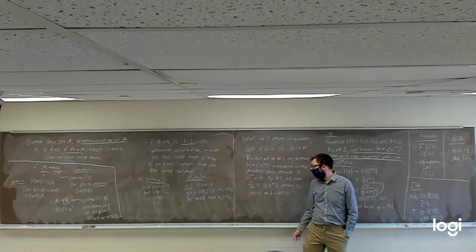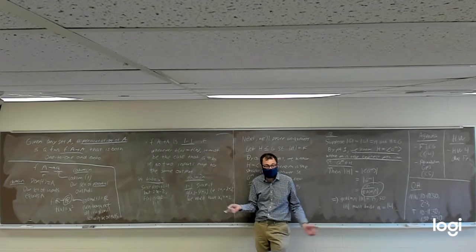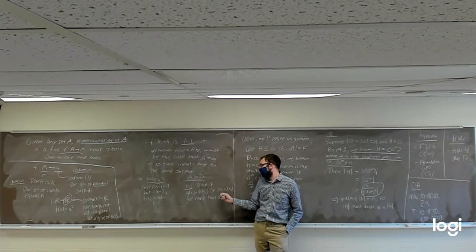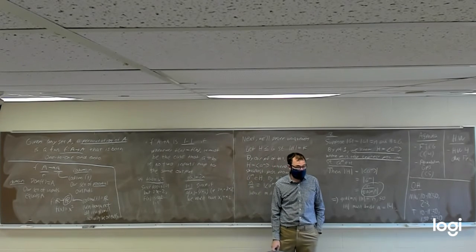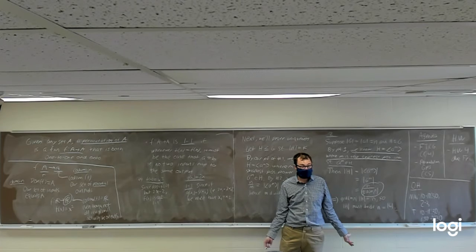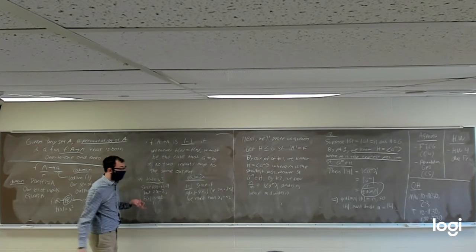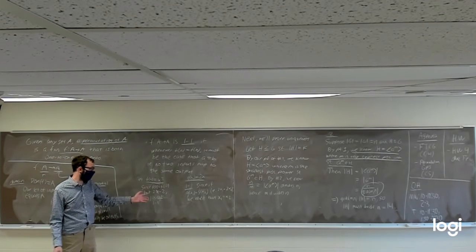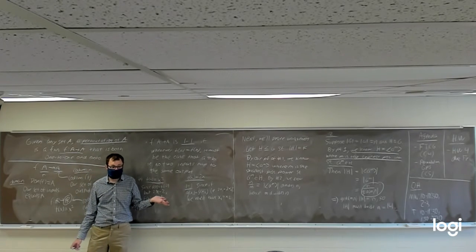In other words, for g of x, it's impossible to have two different inputs map to the same thing. Because if you have an x1 and x2 that map to the same thing, then x1 and x2 had to be equal to begin with. Whereas for our original f of x, we could have two different things that map to the same element, 2 and negative 2 as an example. So that's enough to make f of x not one-to-one, but g of x is going to be one-to-one.